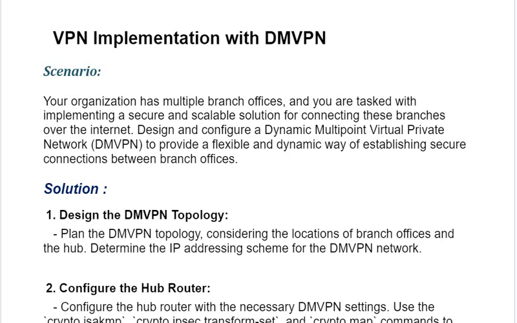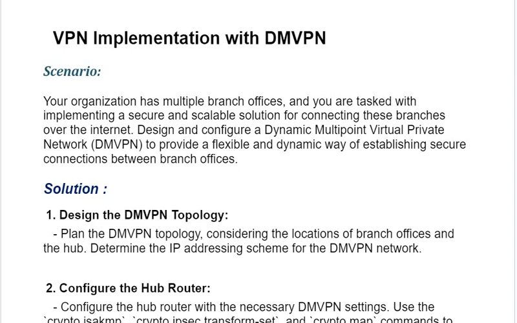Design and configure a Dynamic Multipoint Virtual Private Network (DMVPN) to provide a flexible and dynamic way of establishing secure connections between branch offices. Being a CCNA network administrator, what will be your solution?